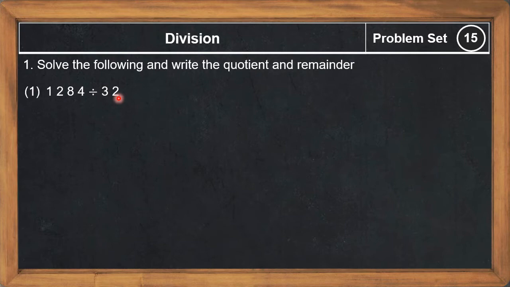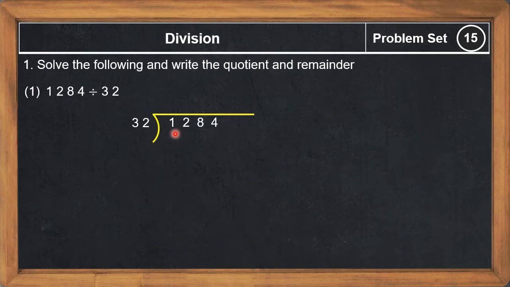As you all know, here 32 is the divisor and 1284 is the dividend. The basic rule of division is that we always start the division from the digit in the extreme left place of the dividend.